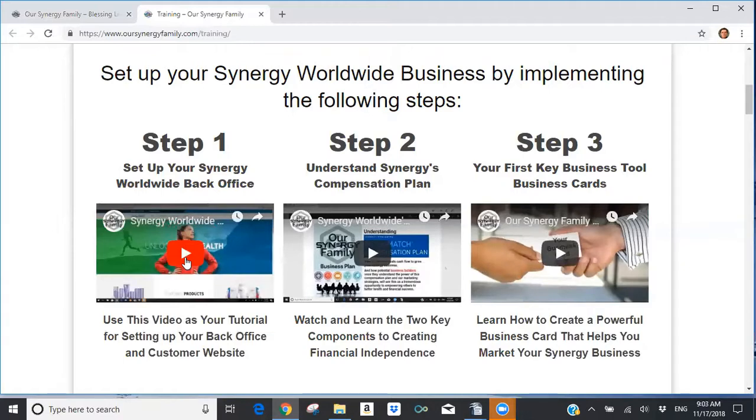The next thing is step 2, understand Synergy's compensation plan. Now, there are 7 streams of income in Synergy Worldwide, and this video will help people understand all 7 streams of income, but there are 2 key streams of income that you want your new distributor to understand because they're the ones that are going to create the cash flow to be able to help them operate and grow their Synergy business.